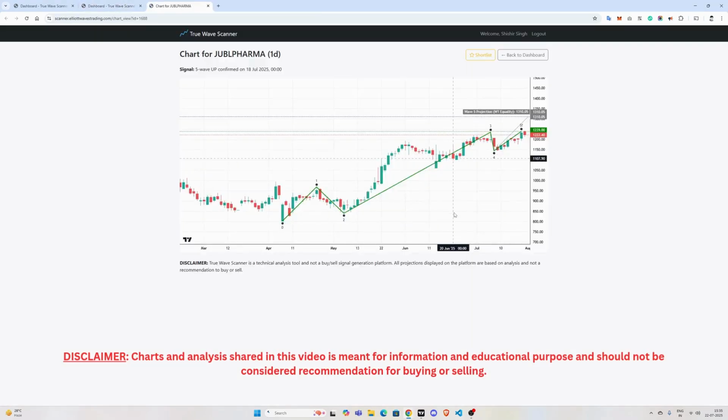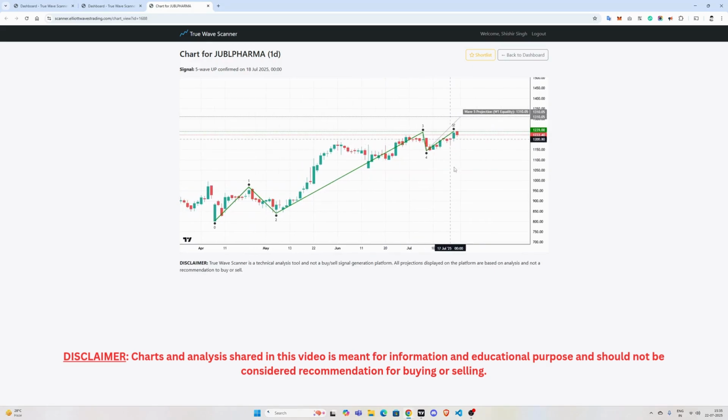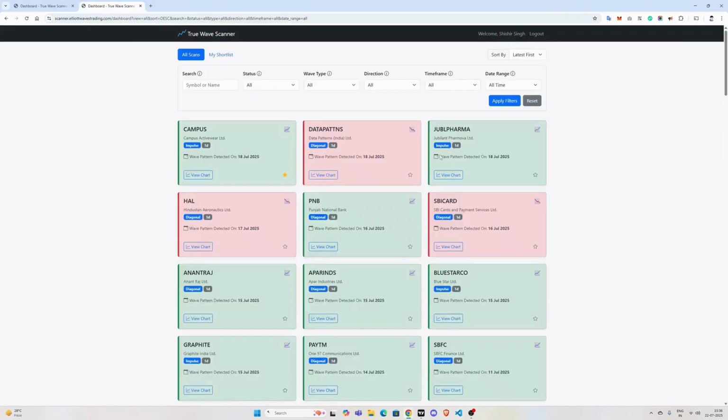Here you can see the projection is at 13.10. The stock is currently trading at 12.22. So there is some space here. But for this kind of setup, as I said, you need to have a good risk reward to trade them. And this is the reason this is not really my favorite setup.